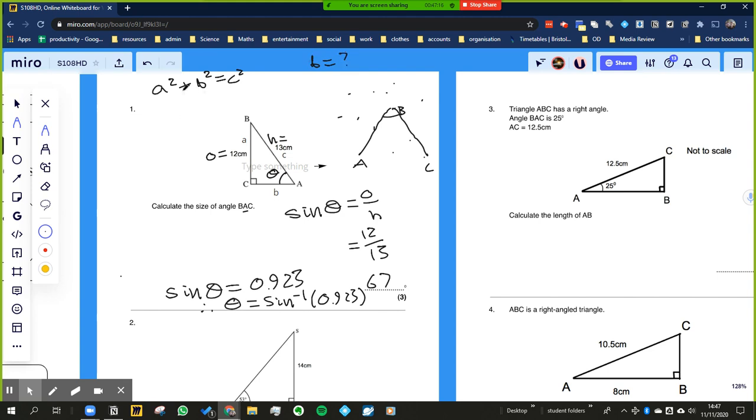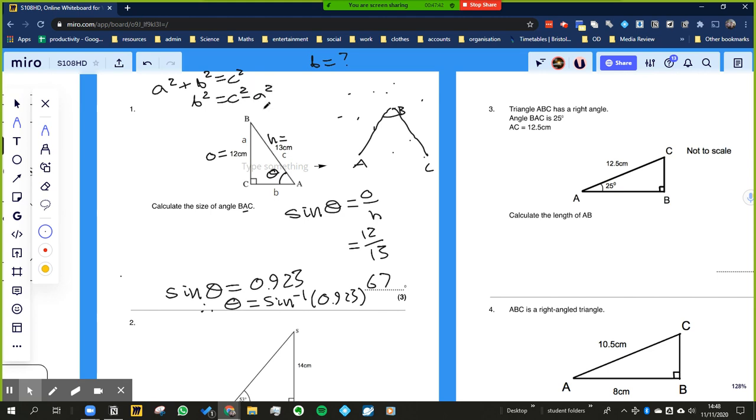To rearrange any formula, any equation, you simply want to do something to the left and then do exactly the same thing to the right. On the left-hand side, the most sensible thing to do, I think, is to start by removing this a squared. To do that, I will just take it away. But because I've taken it away from the left, I've got to take it away from the right. So we end up with b squared is equal to c squared minus a squared.